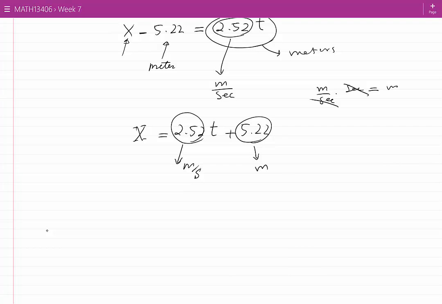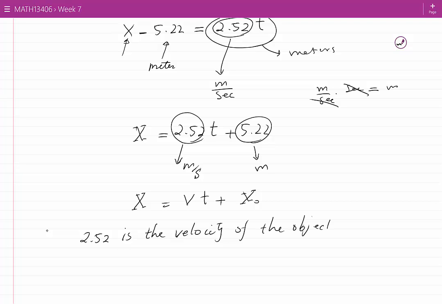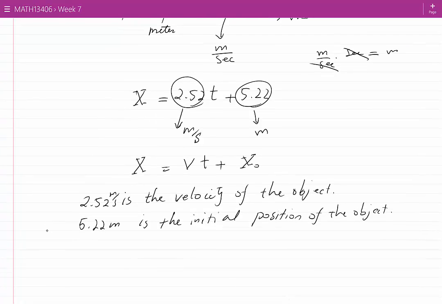In fact, if we compare this equation with x is equal to vt plus x naught, we realize that 2.52 is the velocity of the object, and 5.22, let me include the units as well, 5.22 meters is the initial position of the object, which also is the same as the position of the object when time was 0.